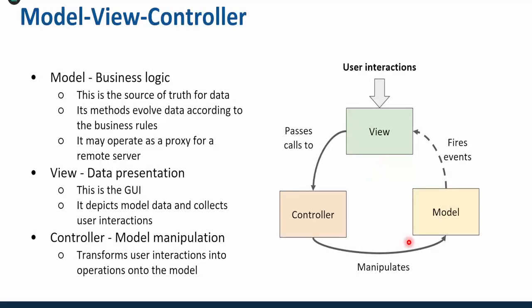So the idea was that, okay, the data will feed the view, the user maybe wants to update some text field and do some stuff with the data. And then instead of storing them directly, we ask the controller to transform this user interaction into something that the model can digest. So the controller will call the methods that the model exposes and manipulates the data.